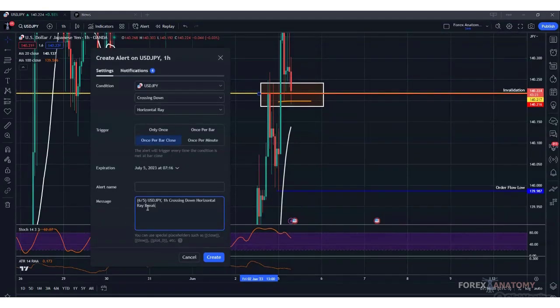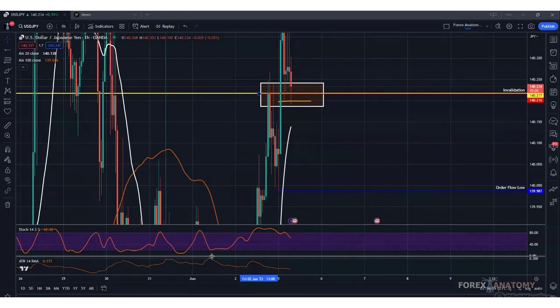We can say: break and close below invalidation, abort idea? Because there's no guarantee we're going to fully abort this buy, but let me just include this here.